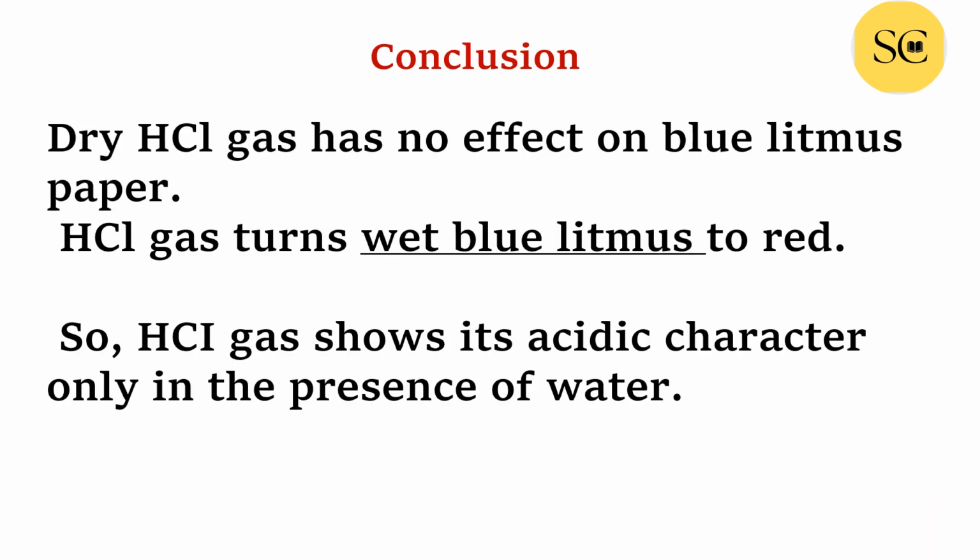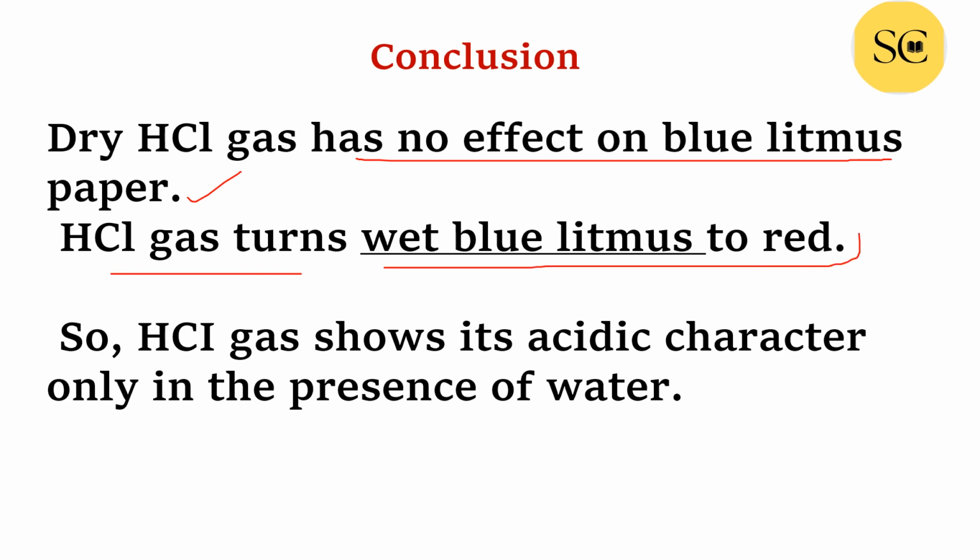Finally, what we conclude: dry HCl gas has no effect on blue litmus paper. Okay, HCl gas turns wet or moistened blue litmus to red. This is the important thing we have learned.